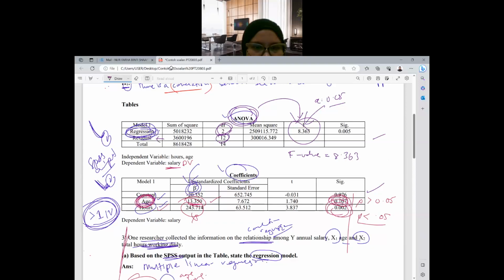DF here is the degree of freedom. So you need to state first what value for the F critical, then the significant level 0.05, and then your degrees of freedom, 2 for regression and 12 for residual.